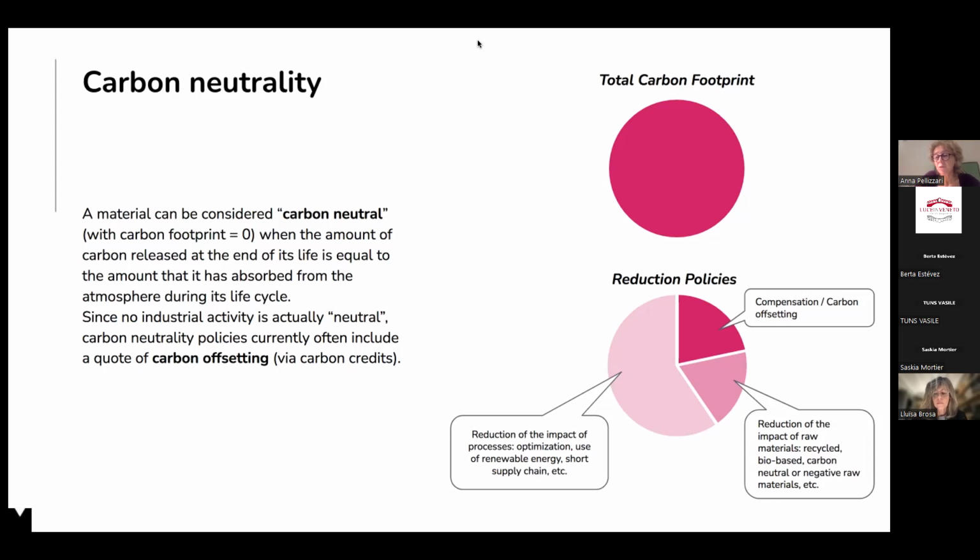Then we have the reduction of the impact of raw materials, so using recycled materials, bio-based, carbon neutral, carbon negative raw materials, etc. And then there is always a quota of compensation and carbon offsetting at the moment.